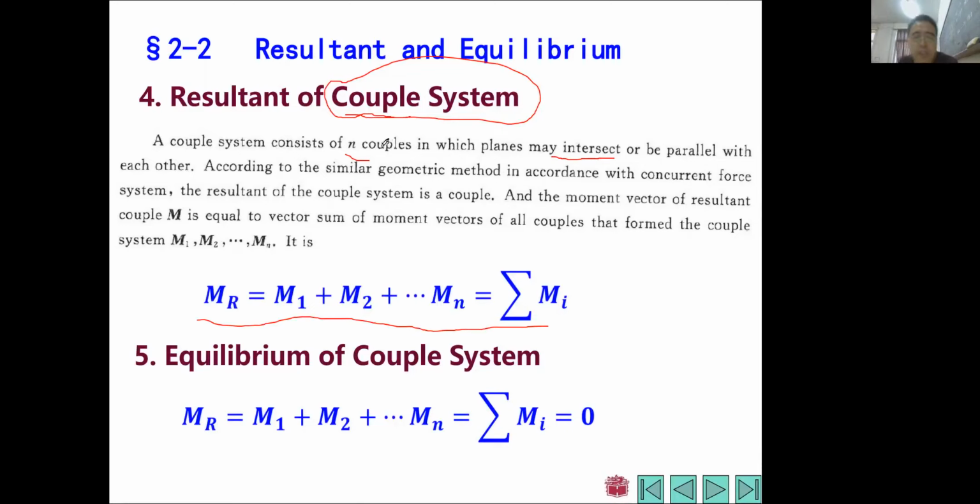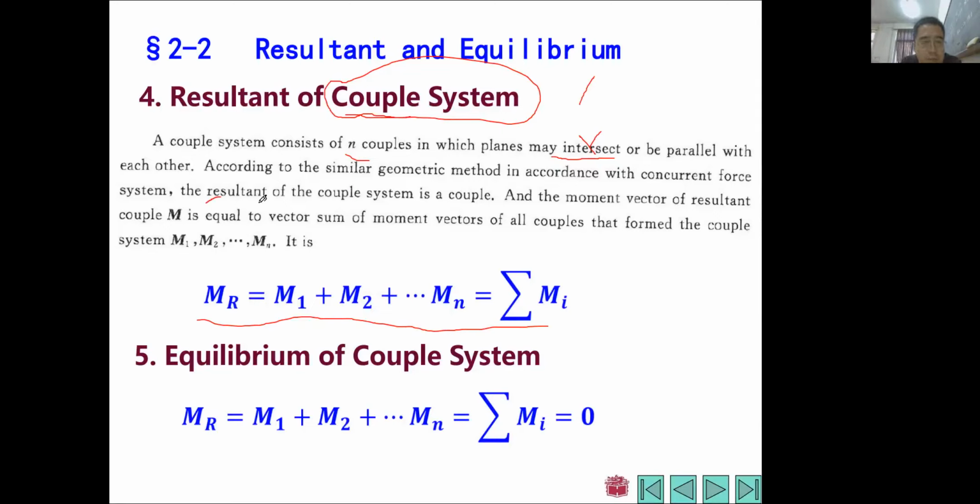Actually, that means these n couples may be in the same plane. I think not the plane intersect means this plane maybe is just the same plane, or all these planes are parallel with each other, not intersect, right? According to the similar geometric method in accordance with the concurrent force system, we get the resultant of the couple system.